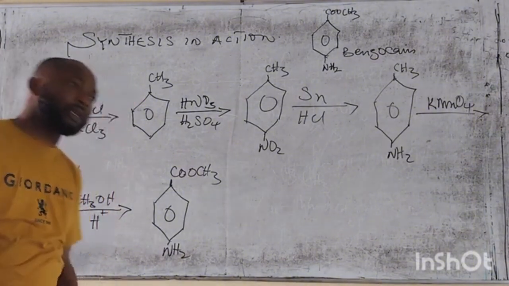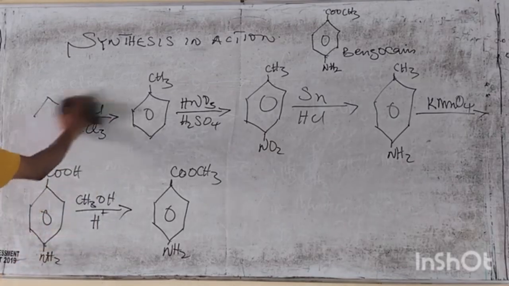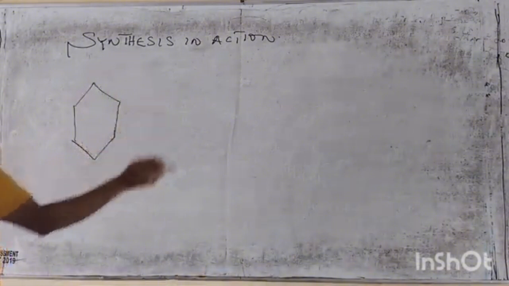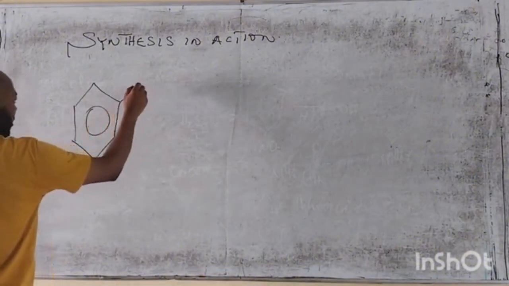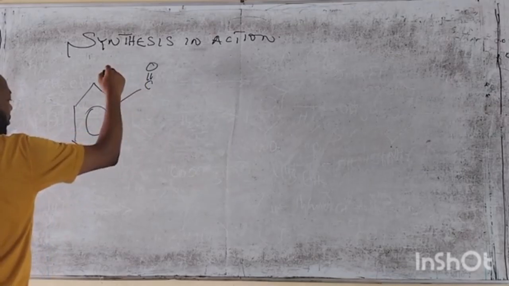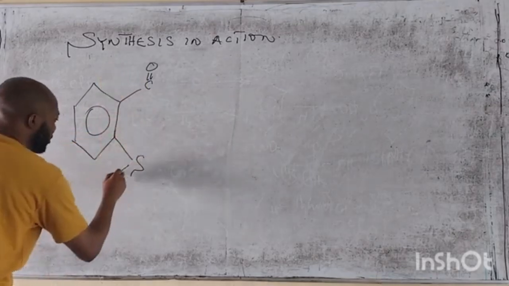Let's take another example to synthesize. We're dealing with synthesis here. Okay, saccharin. Let's deal with saccharin. This is C double bond O. This is my sulfur group.